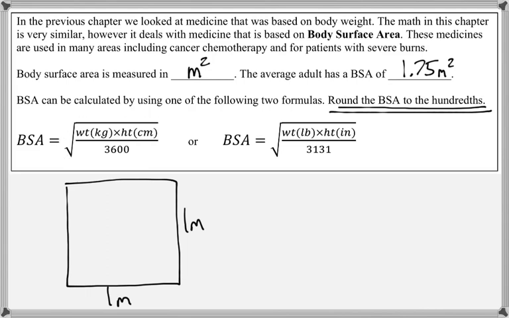If they give the weight in pounds and the height in inches, we multiply the weight times the height and then divide by 3131 and then take the square root. So we do need to be very careful about how they give the information, because it tells us which formula we need to use.